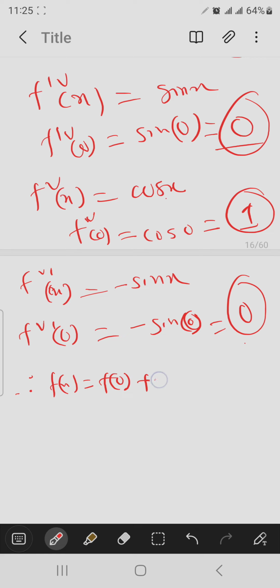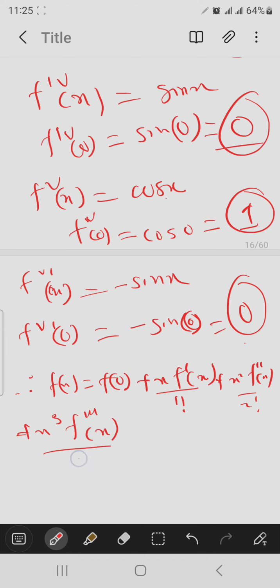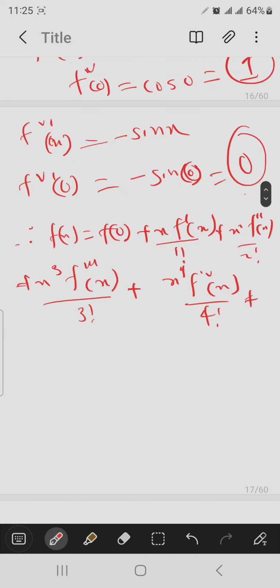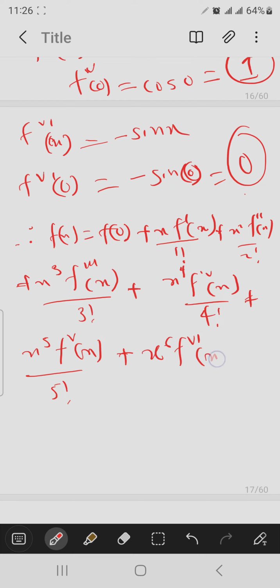F of 0 plus x f prime of 0 over 1 factorial plus x squared f double prime of 0 over 2 factorial plus x cubed f triple prime of 0 over 3 factorial plus x to the 4 f iv of 0 over 4 factorial plus x to the 5 f v of 0 over 5 factorial plus x to the 6 f vi of 0 all over 6 factorial. All these are simple, plus dot dot.